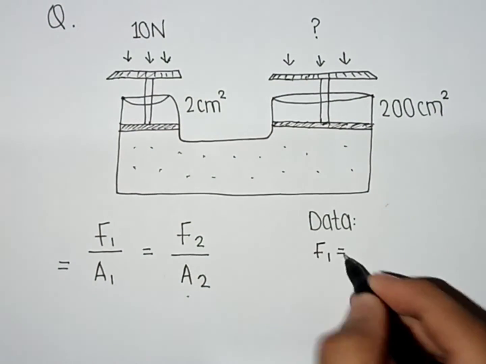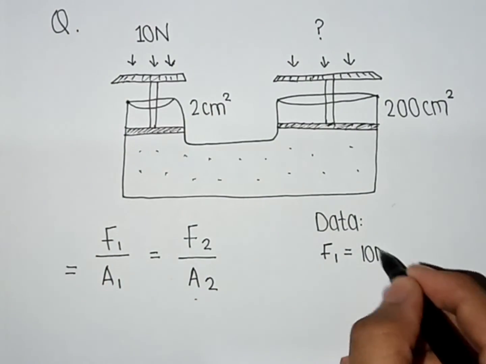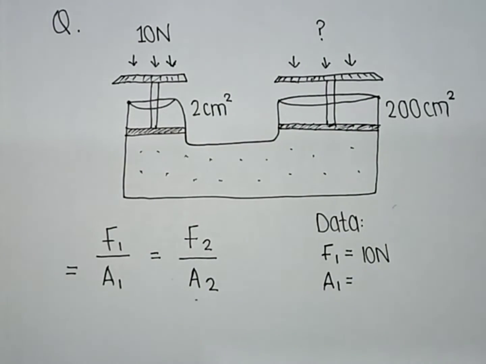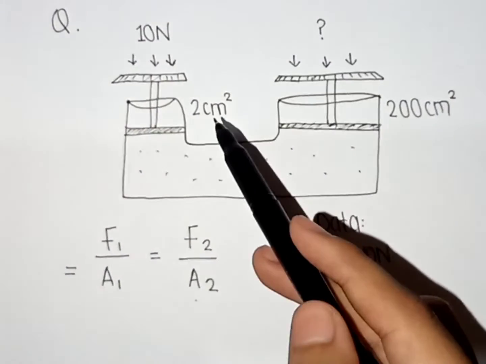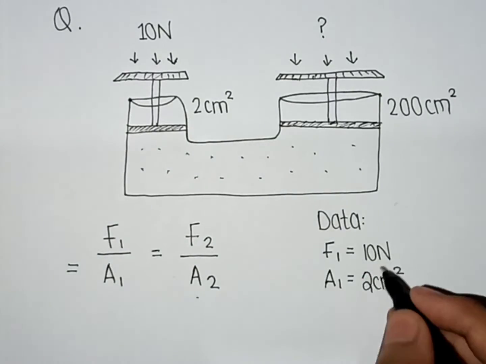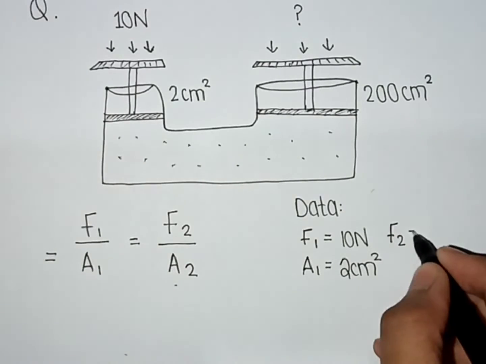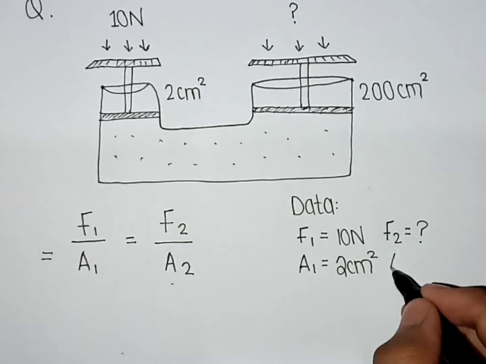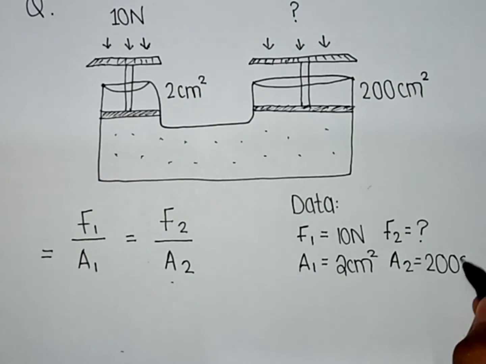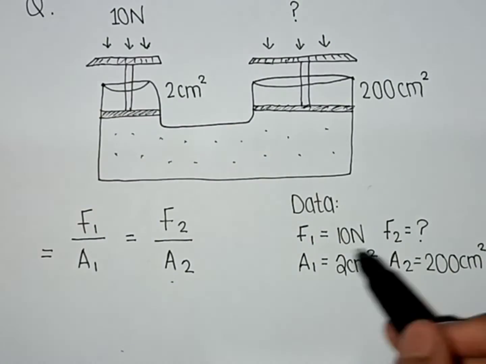Force 1 will obviously be 10 newton, applying on area 1, which is 2 centimeter square. Force 2 is what you need to find out, and area 2 is given as 200 centimeter square. Remember about the SI units.